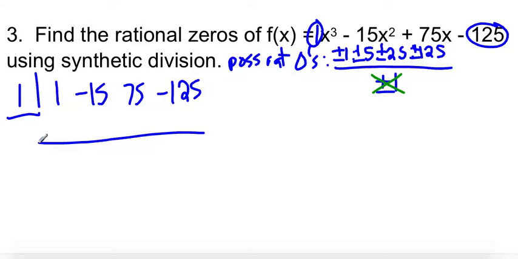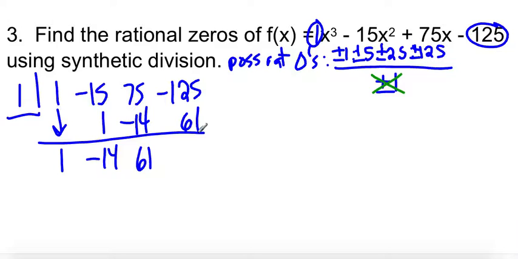We talked about that last week, that we can use this method instead. So that gives me -14 here, let's say 61, -64, and this is the number I'm looking at. Okay, if that's not a 0, then 1 is not a zero. So 1 doesn't work. So let's move on to another one.